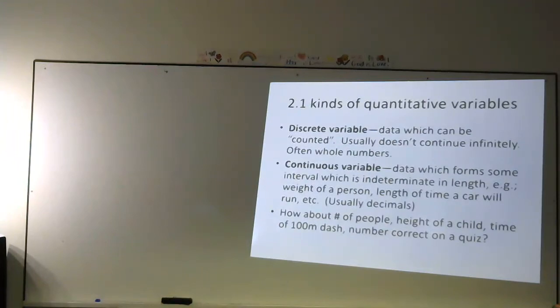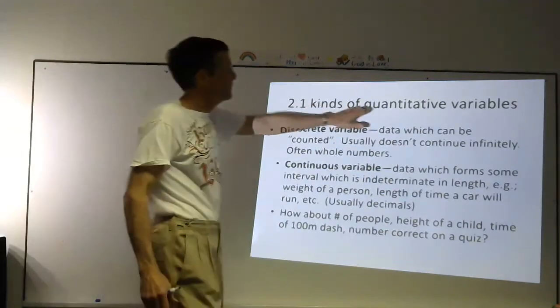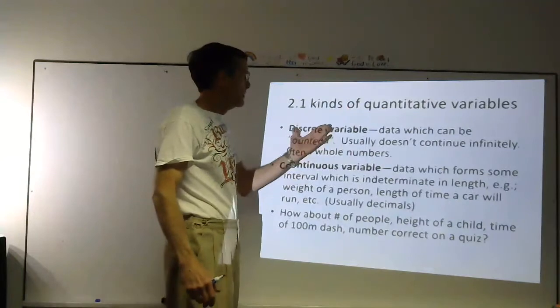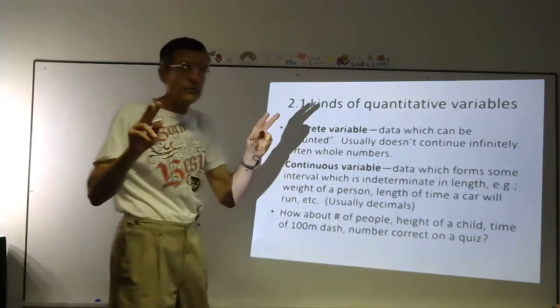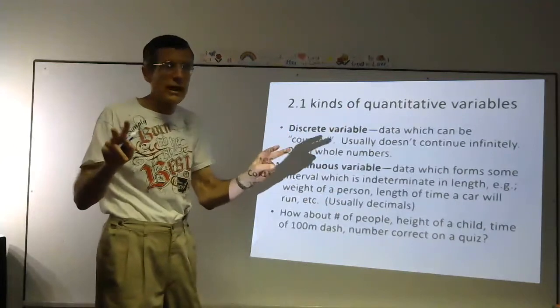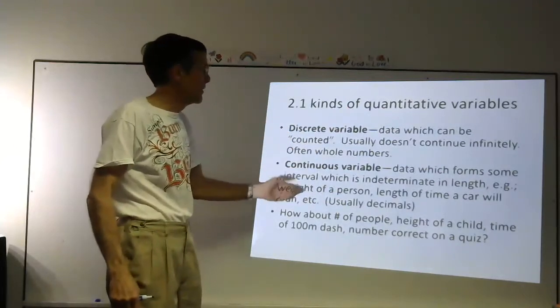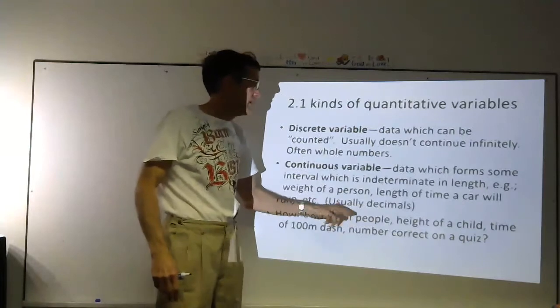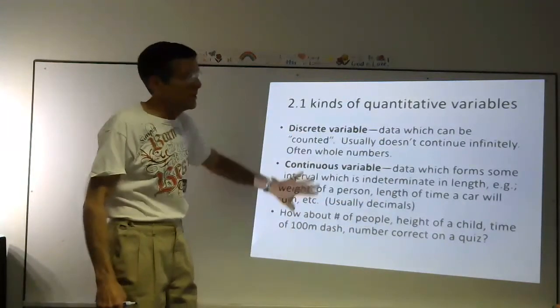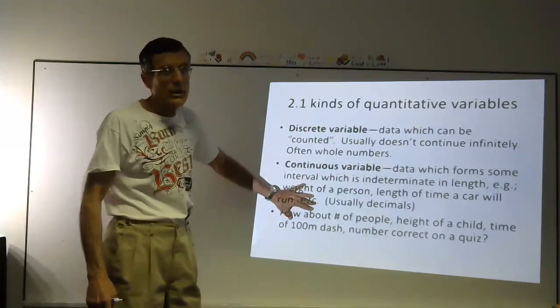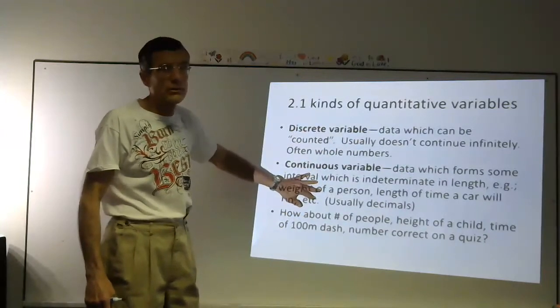Now, once you start talking about quantitative, numerical data, discrete variables are data which can be counted. Usually it's whole numbers. Continuous variables are decimals and somewhat indeterminate in length. I'm not going to make a big deal out of this, okay? You're going to have a couple of homework problems on this.